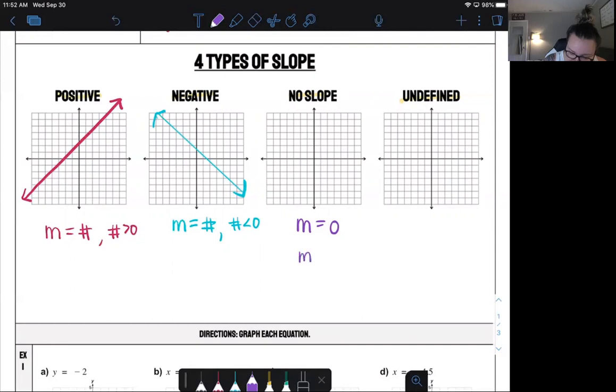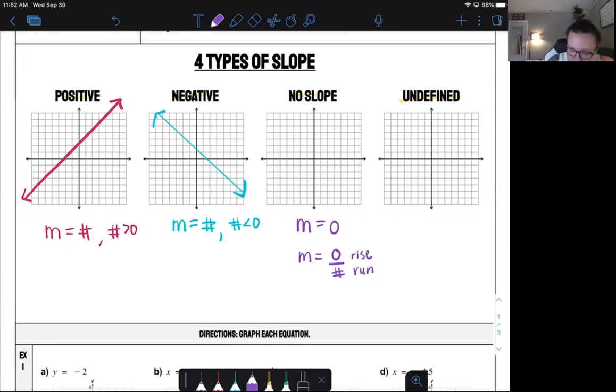I think I said that backwards, I'm sorry. A 0 for your rise, and some number for your run. So what happens is 0 divided by a number is always 0. So your slope is 0. This means that there's no rise, but there's still a run.